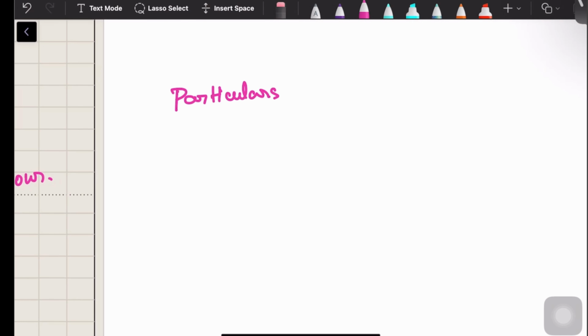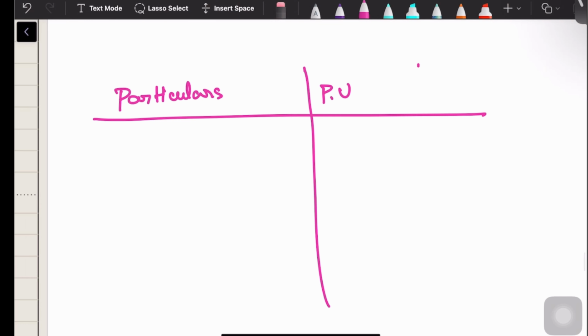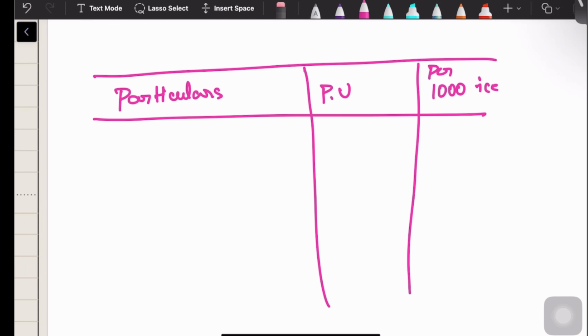Now let's compute the per unit cost in the traditional system. So let's create three columns: per unit in the second column and in the third column per 1000 ice cream instead of total. So let's start with the direct labor and direct material.